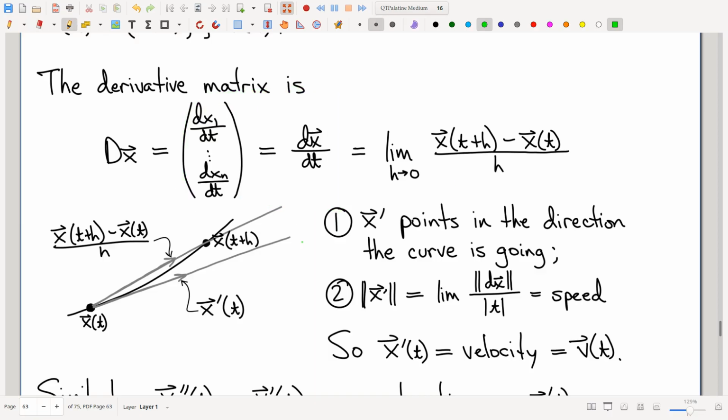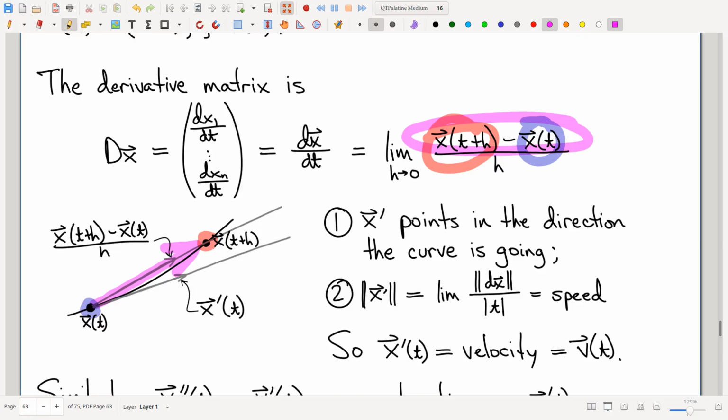And I can totally just start drawing pictures of what's going on here. We have 2 points, like there and there. You know, where am I at time t and where am I h seconds later? And I can look at the difference. Well, we know how to do a difference. That's a subtraction.